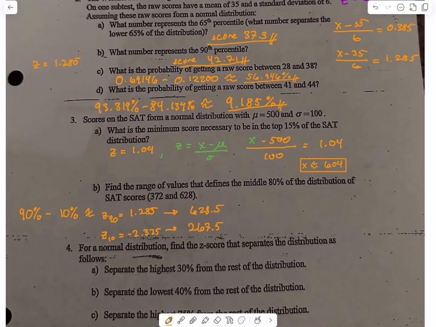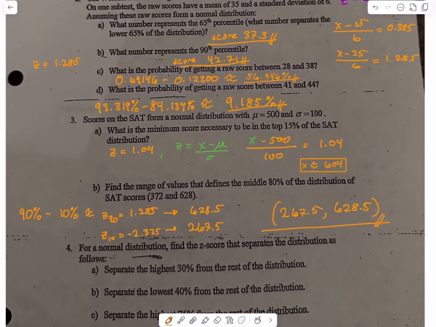Okay, so we're saying that the range of values that define the middle 80% should go from 267.5 through 628.5. So those scores.